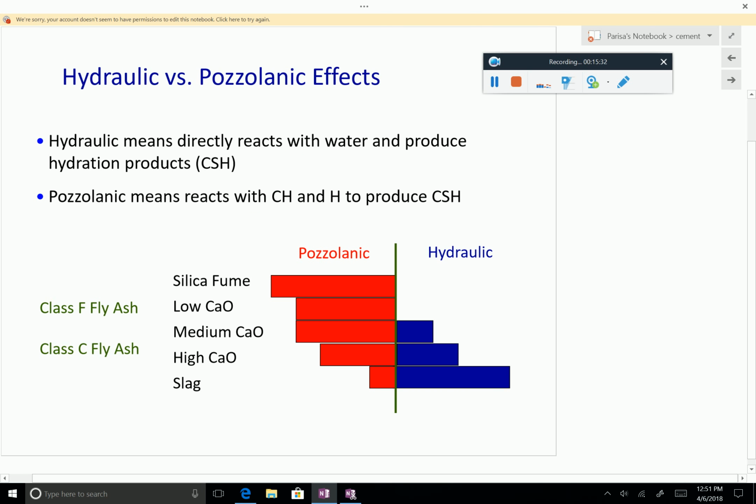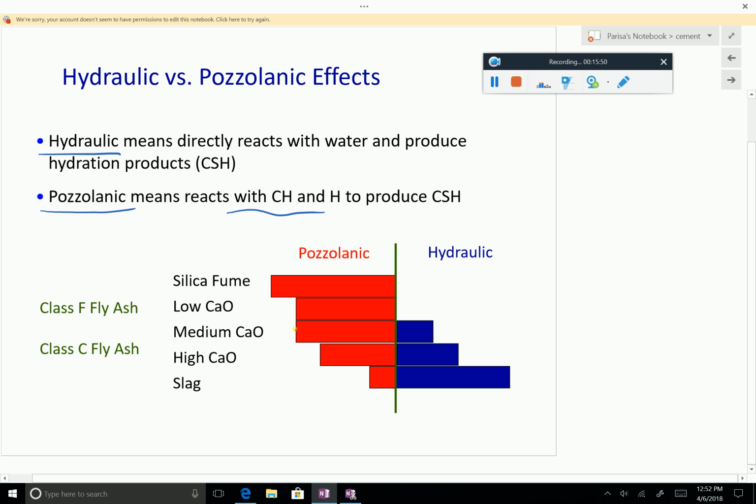Some of these materials react directly with water, and they are called hydraulic. Some of them have to have CH and some moisture, and they are called pozzolanic.